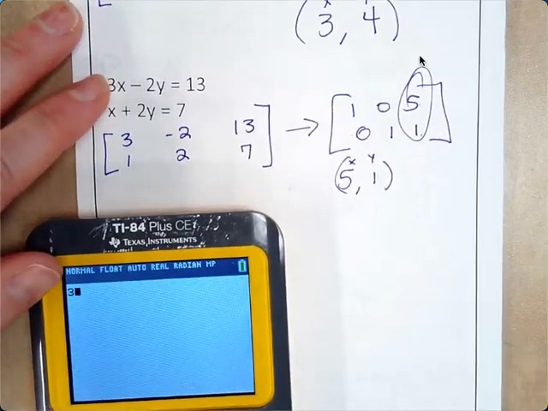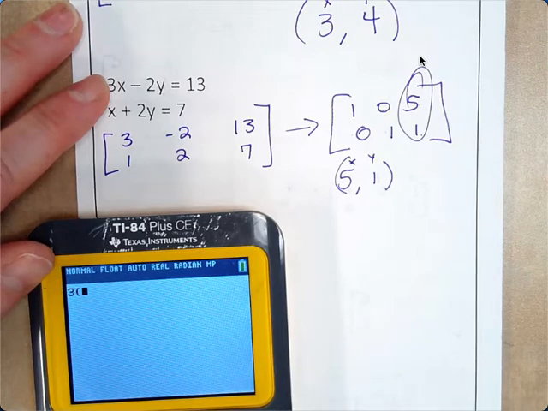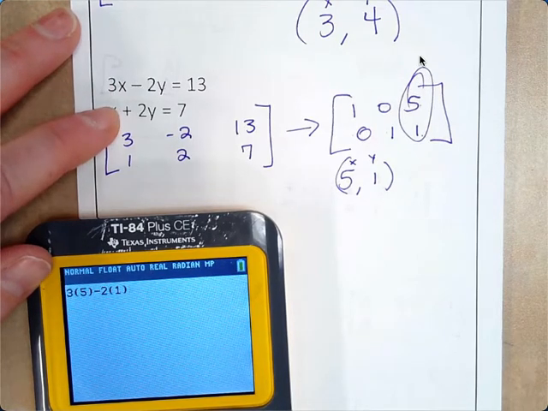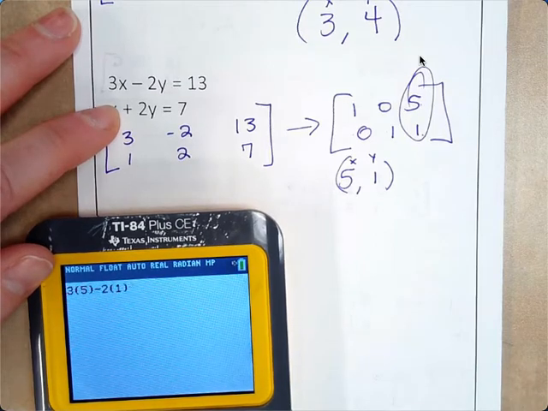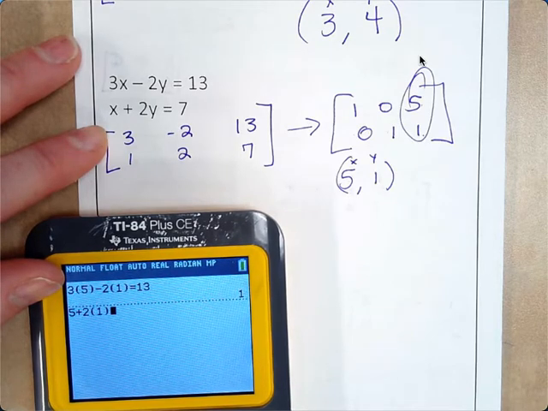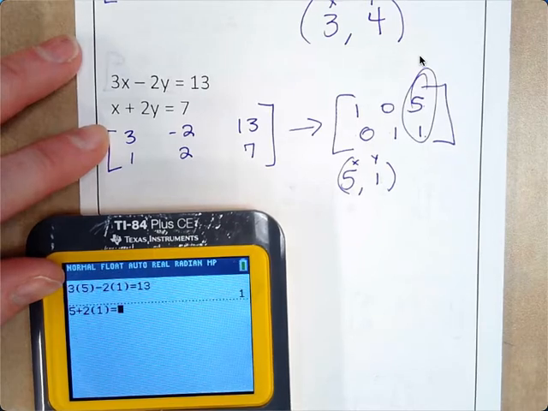So to check it, 3 times 5 minus 2 times the Y value equals 13. And then 5 plus 2 times the y value equals 7.